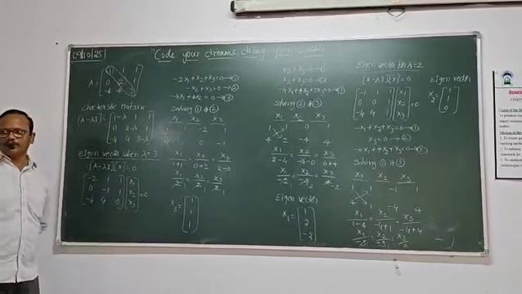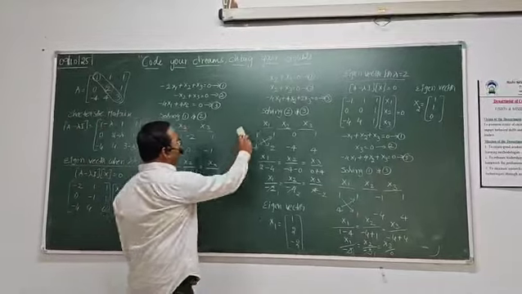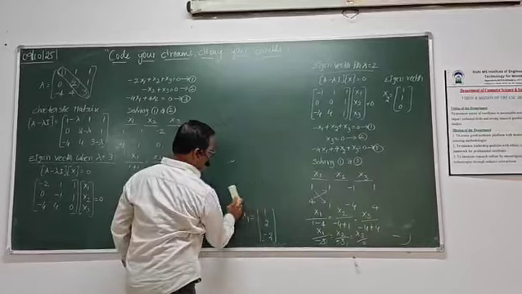After finding the three eigenvectors, write down the model matrix P equal to x1, x2, x3.